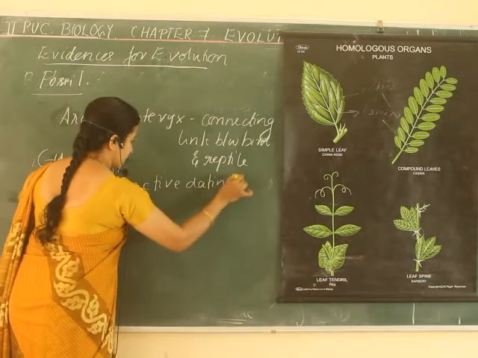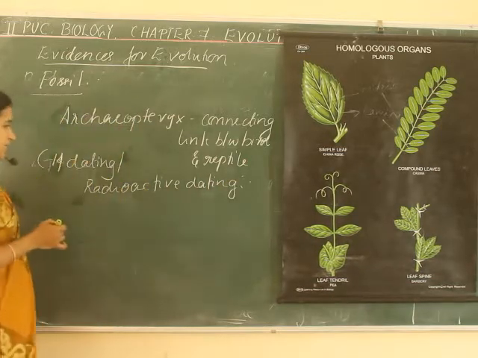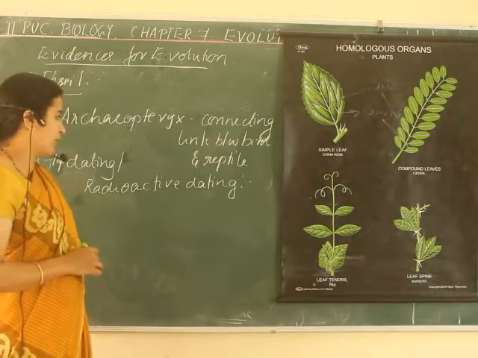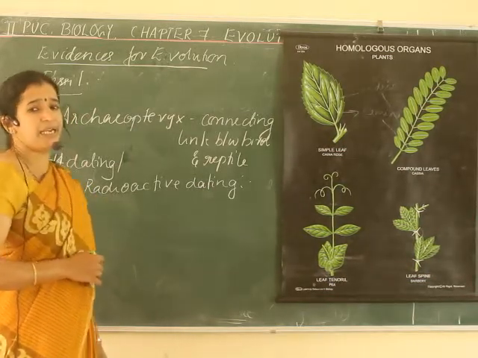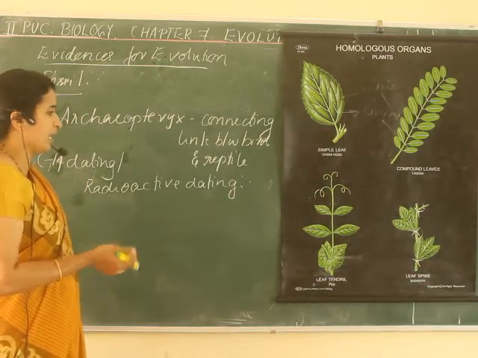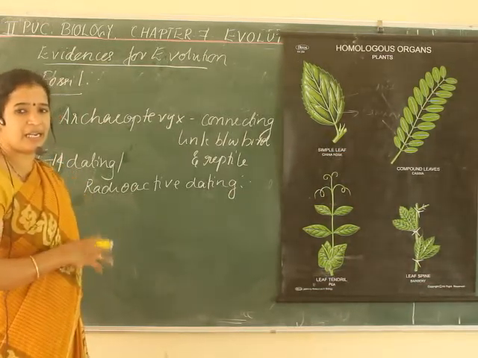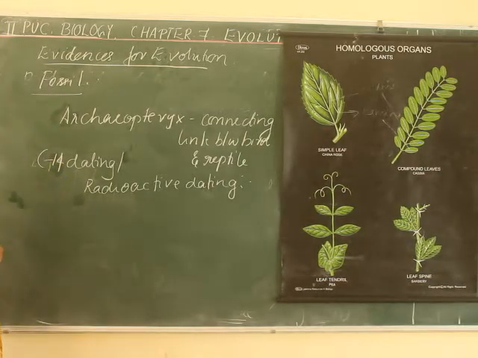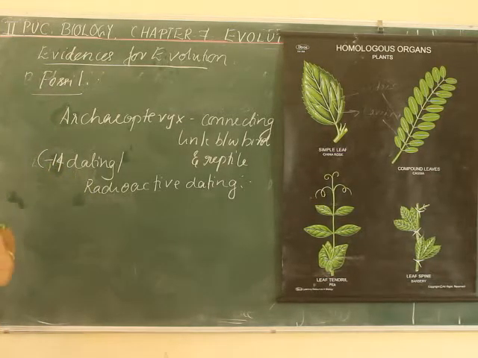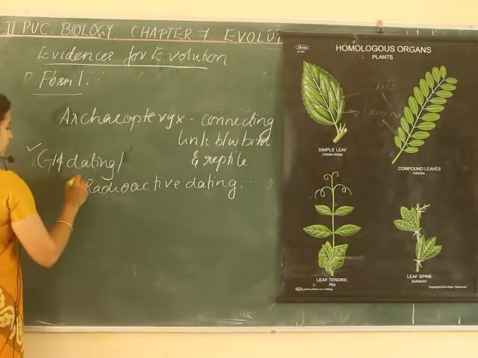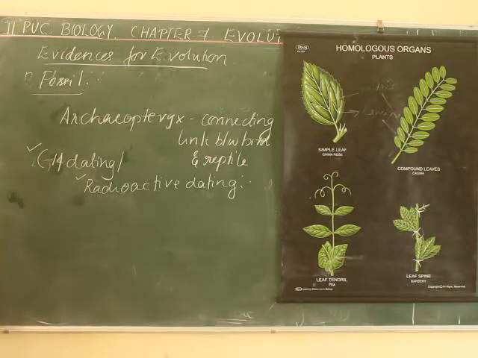The principle behind it is that they use the rate of decay, comparing the available active radioactive material with the decaying material. A comparison is made, and then the age of that fossil is calculated. So, name the method by which the age of a fossil is calculated: carbon 14 dating or radioactive dating.